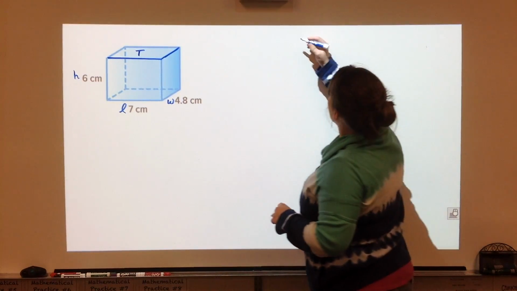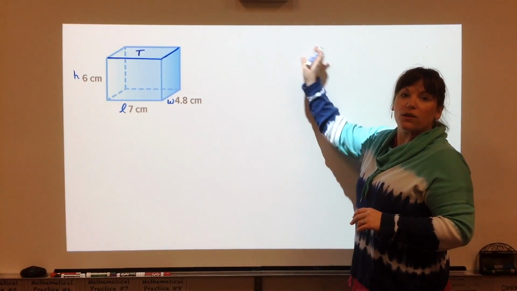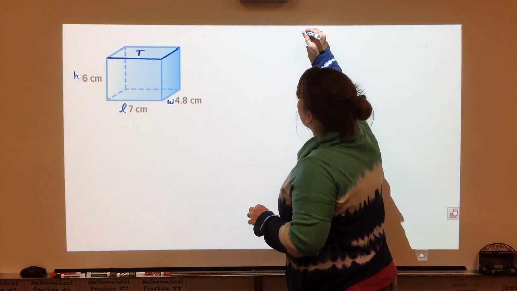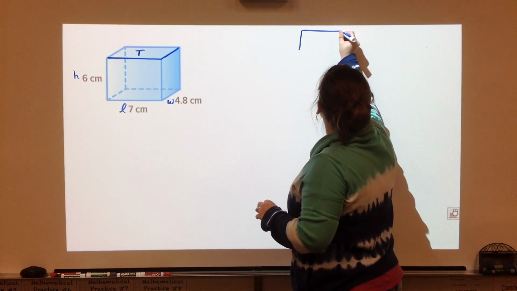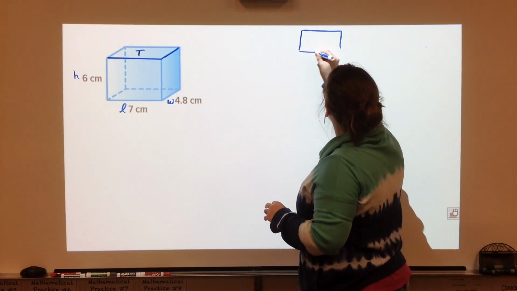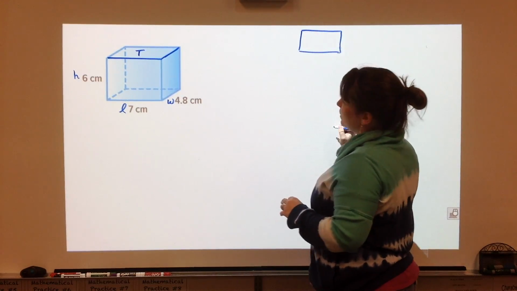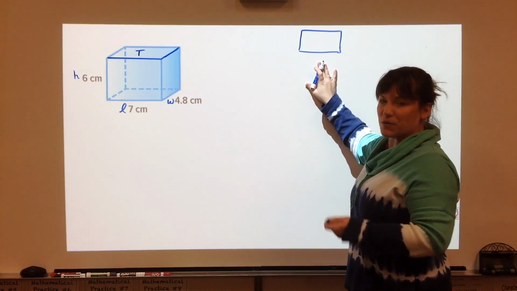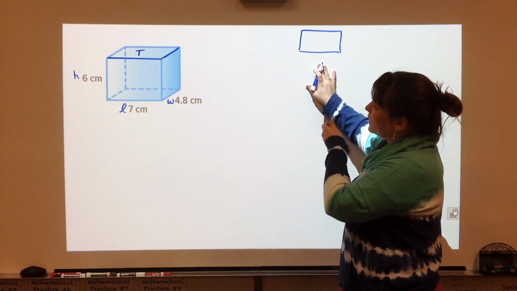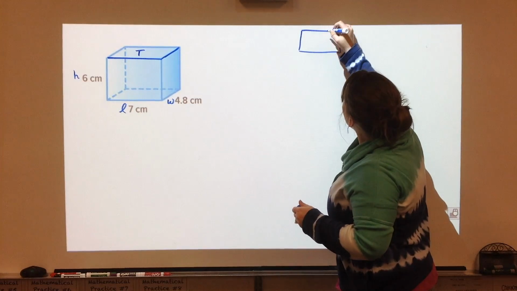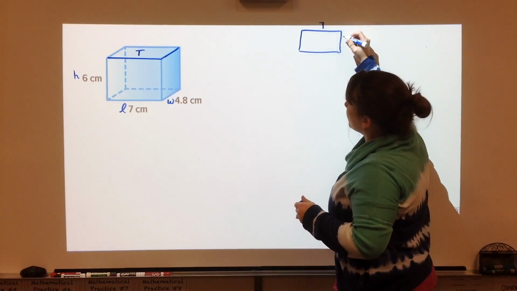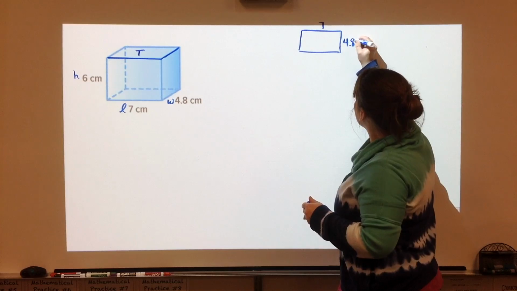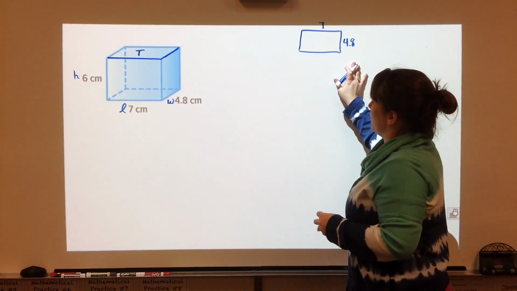But in order for us to draw the net without any graph paper, we're just going to draw rectangles. It does not have to be to scale because we're going to put the numbers next to them. So I have a rectangle that represents the top, and I want it to be labeled 7 and then 4.8. It's 7 by 4.8.